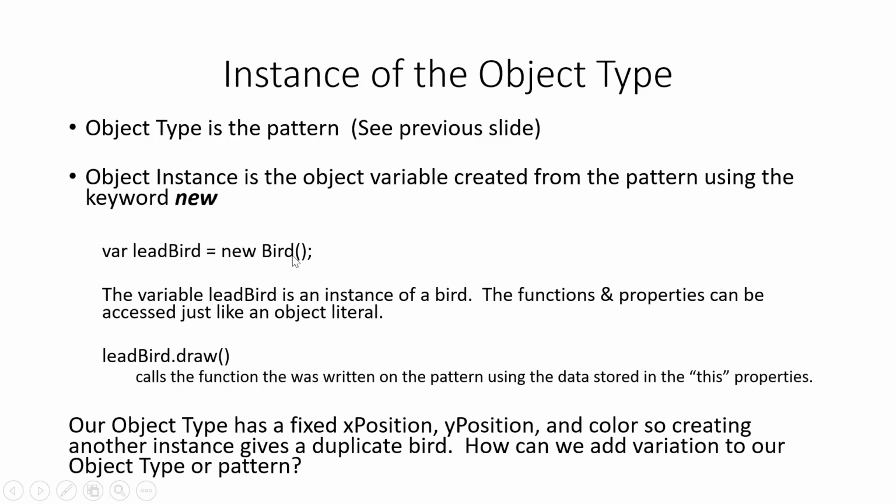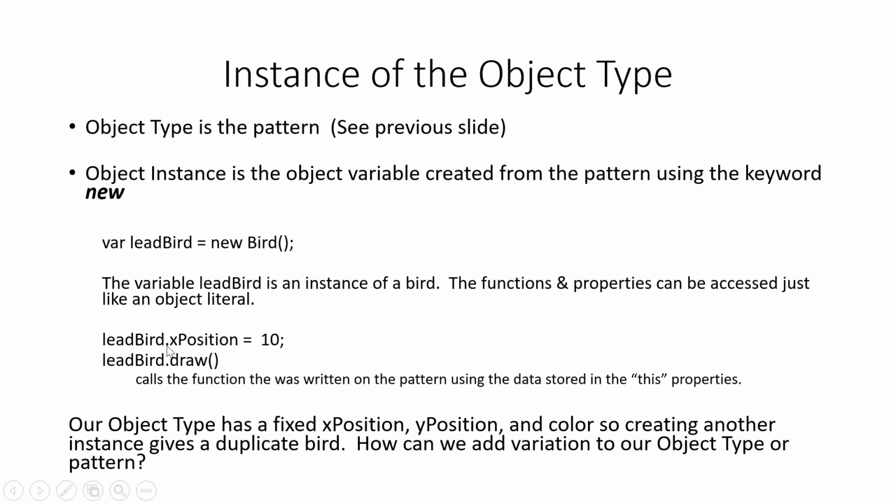Take that pattern, give me a copy of that bird that I can use, and store it in the variable leadBird. Once we have that pattern and have stored it in the variable, then we can start looking at the functions and the properties that can be accessed just like an object literal.